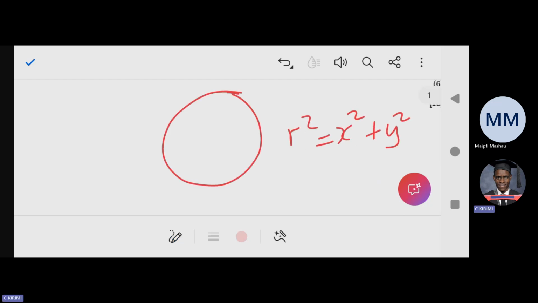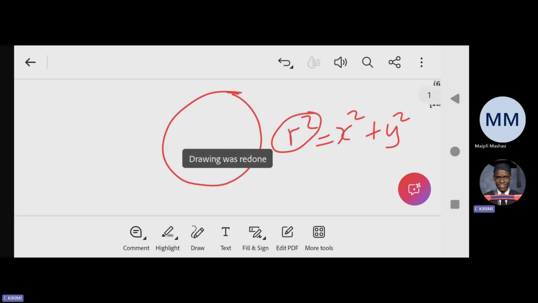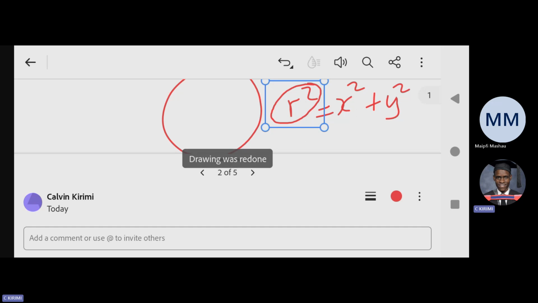And if that r squared is equal to something, then you know that will be your radius squared. So similarly, we are going to use the same concept when applying it to this sketching.